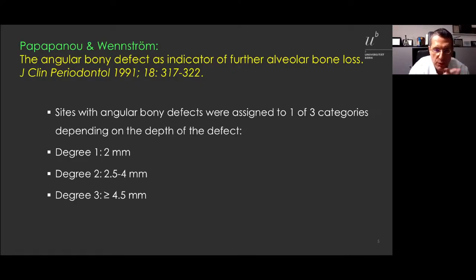Class 1 or degree 1 was an intrabony component of 2 millimeters. Class 2 was an intrabony component between 2.5 and 4 millimeters. And degree 3 was an intrabony component deeper than 4.5 millimeters. And these patients did not receive any periodontal therapy.